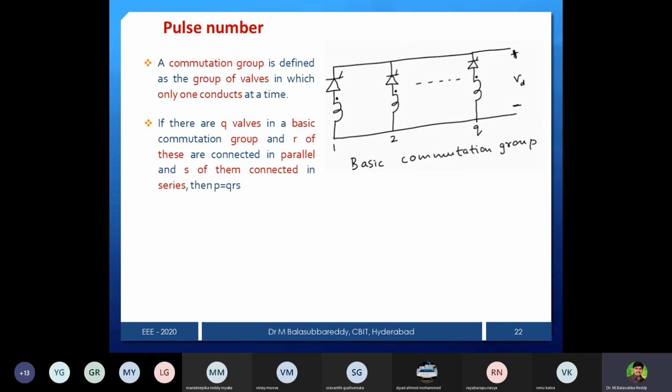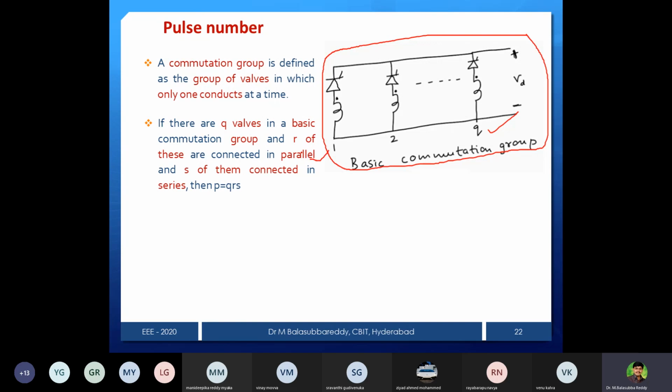Here, how many you have to connect and what the pulse number is: there are q valves in a basic commutation group. All together this is called a basic commutation group. It is not the total number of valves. This is only one box consisting of q valves connected in parallel, and now r number of valves are connected in series.